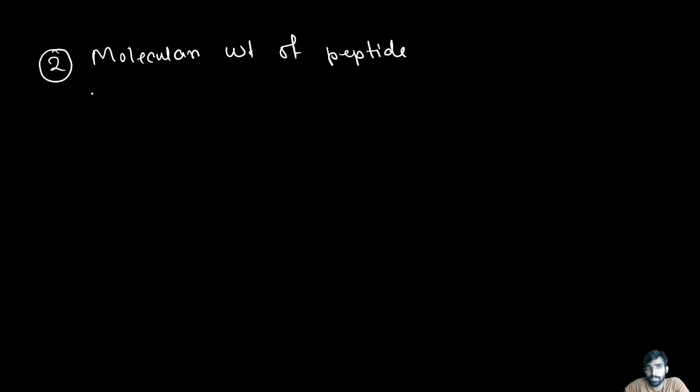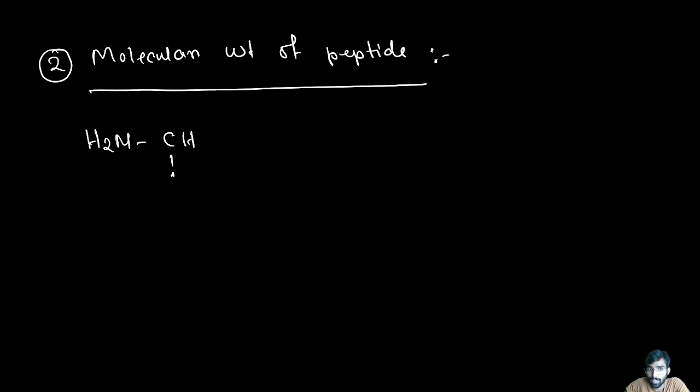Now another kind of question is to ask about the molecular weight of a peptide. So how can you calculate the molecular weight of an amino acid? Suppose this is glycine, the simplest amino acid we are taking. You can easily calculate the molecular weight of glycine.